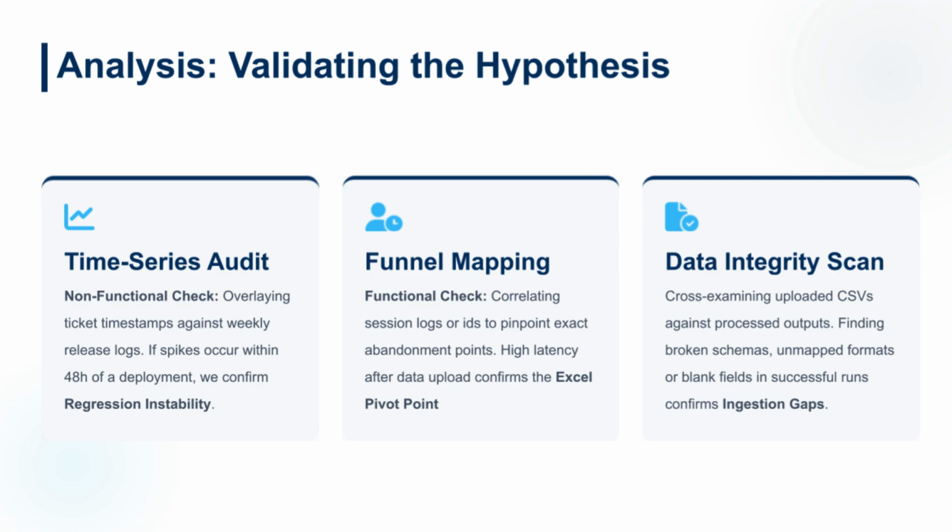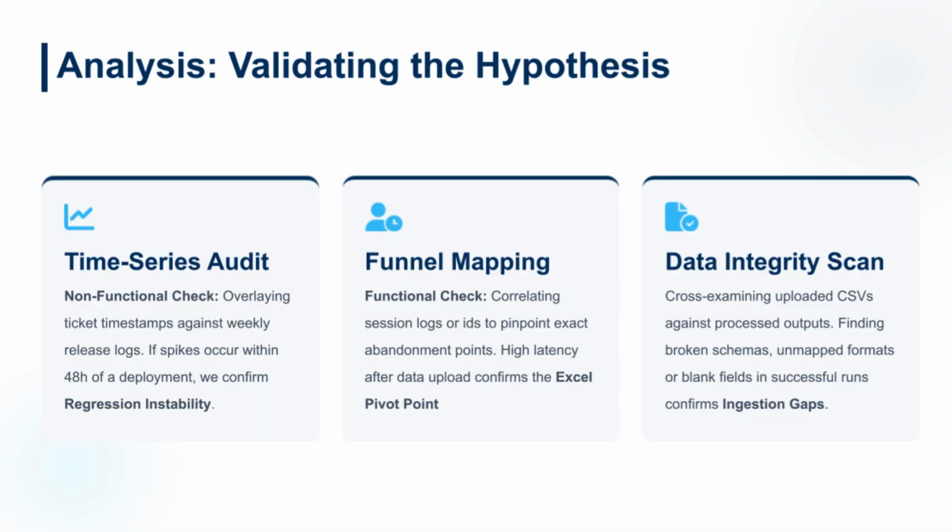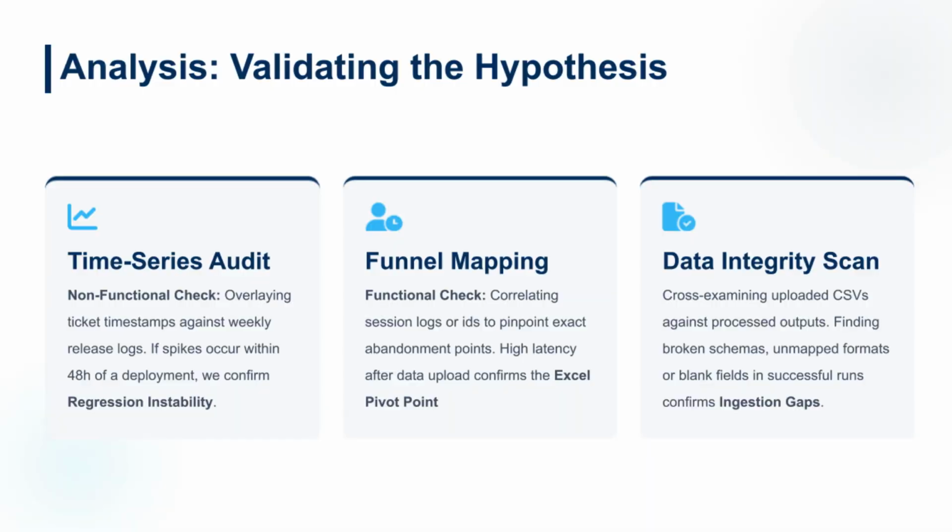For instance, if we can overlay the ticket timestamps against the weekly release logs, that probably would give me the confidence that yes, my regression instability hypothesis is true. Not only that, when users report manual errors or a workflow mismatch, if I can correlate the session logs with the exact abandonment points against the user journey, that would easily help me understand or even take a decisive call on my hypothesis about black box processing.